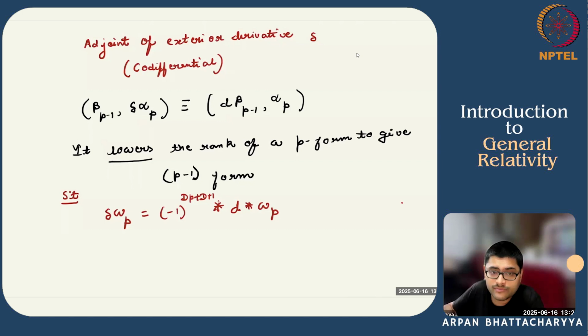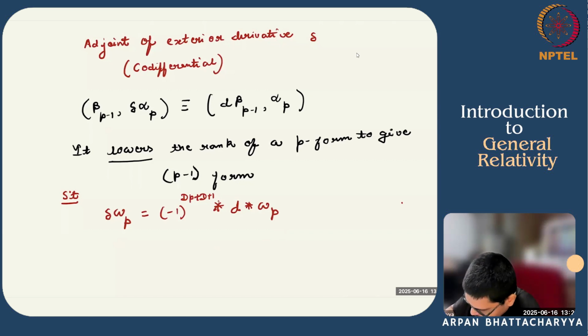Essentially, remember that the exterior derivative increases the rank of the form. It gives a p plus 1 form from a p form. Now this co-differential does the opposite. It lowers the rank of the form to give a p minus 1 form. In fact, try to show that the co-differential of a p-form is this.